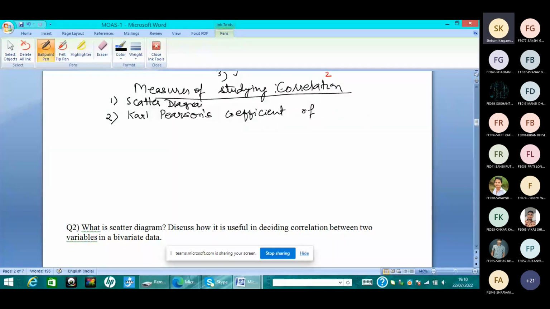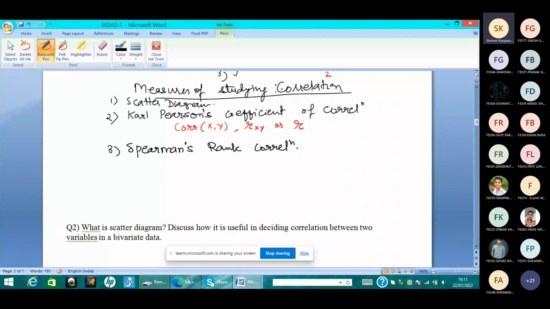Second is the Karl Pearson coefficient of correlation. It is denoted in different ways: you can denote it by correlation between x and y, or simply you can show r. Any one of the three notations can be used. The third measure is Spearman's rank correlation. So these are the three measures of studying correlation.